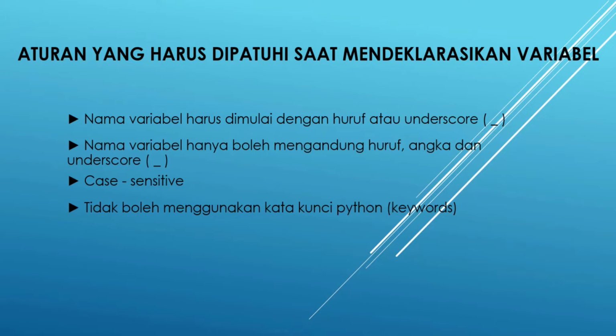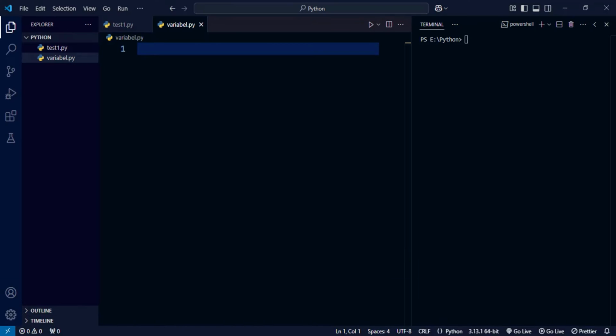The first rule is that a variable must begin with a letter or underscore. Here we have made a file, variable.py. We will try to practice the first rule.